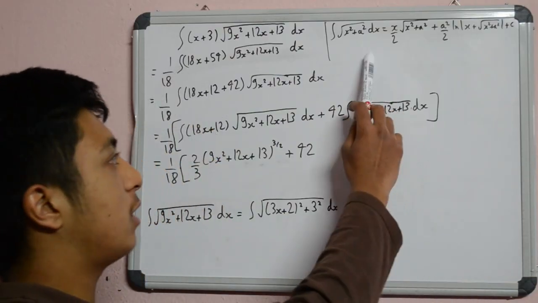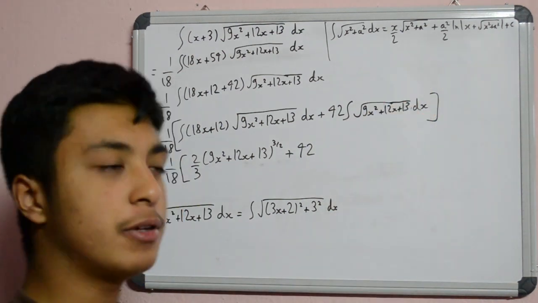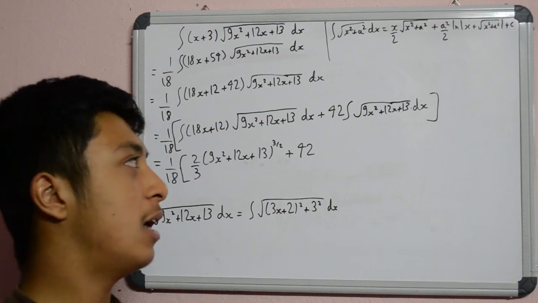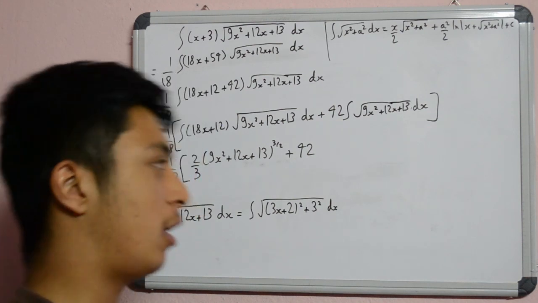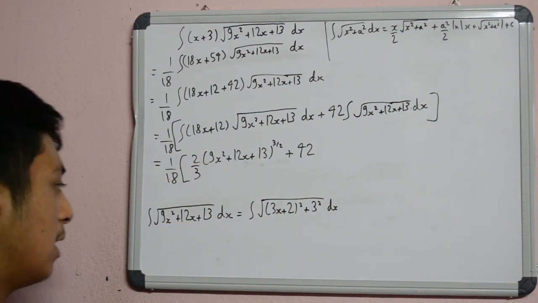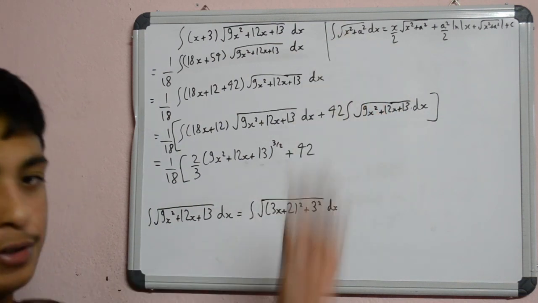If you want the proof for this crazy formula, you can check my video. It is the proof by trigonometric substitution. I'll link it up there, it should be up there, infographic card or something. So we have this, and we'll just have to use this formula for this one over here.